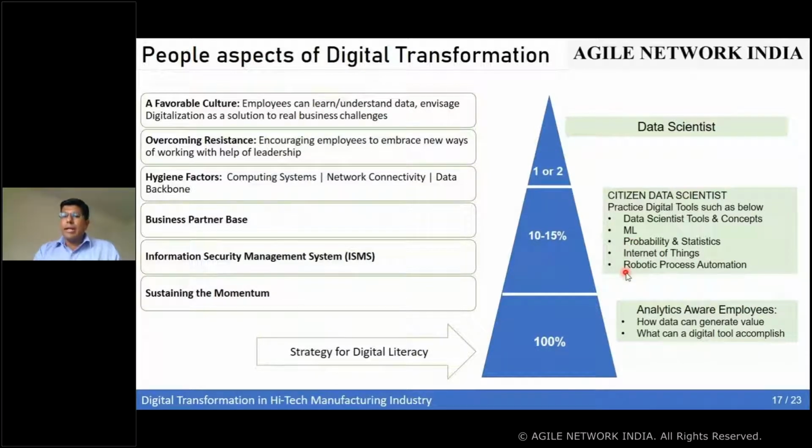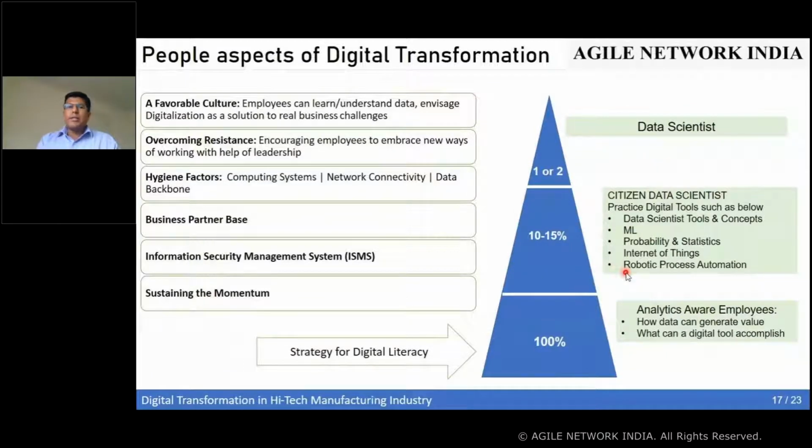Second is what we call the citizen data scientist. These are people who will actually practice digital tools. The manufacturing industry may not always be able to get an army of data scientists. So for tasks which do not delve into the mathematics of analytics, we have an internal team of experts on Power BI, SQL, and Python who conduct the analytics.